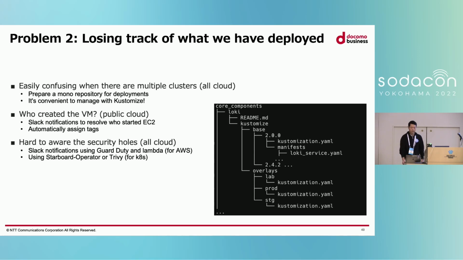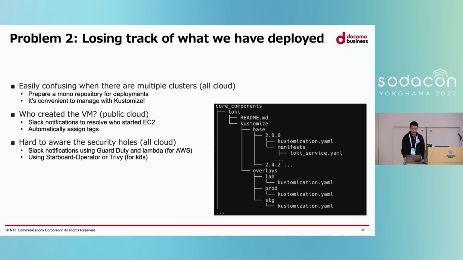The next problem is that you don't know who created the VM and don't know whether to stop it. To solve this problem, we have implemented Slack notification of who started an EC2 instance and automatically assign tags to the instance.